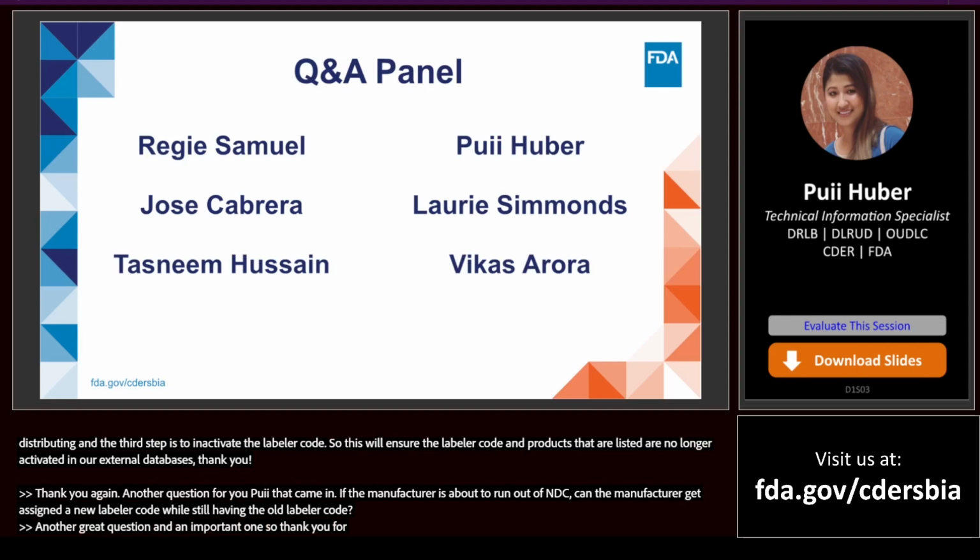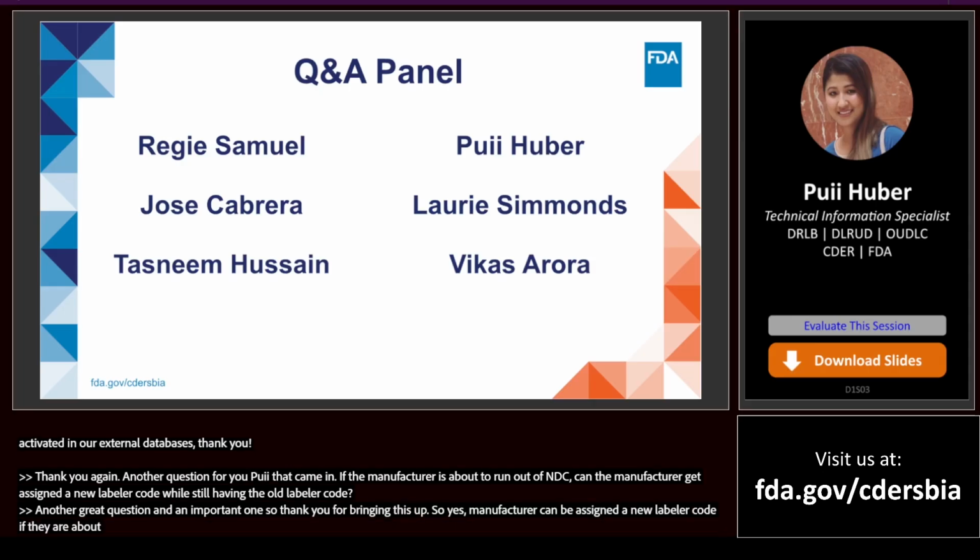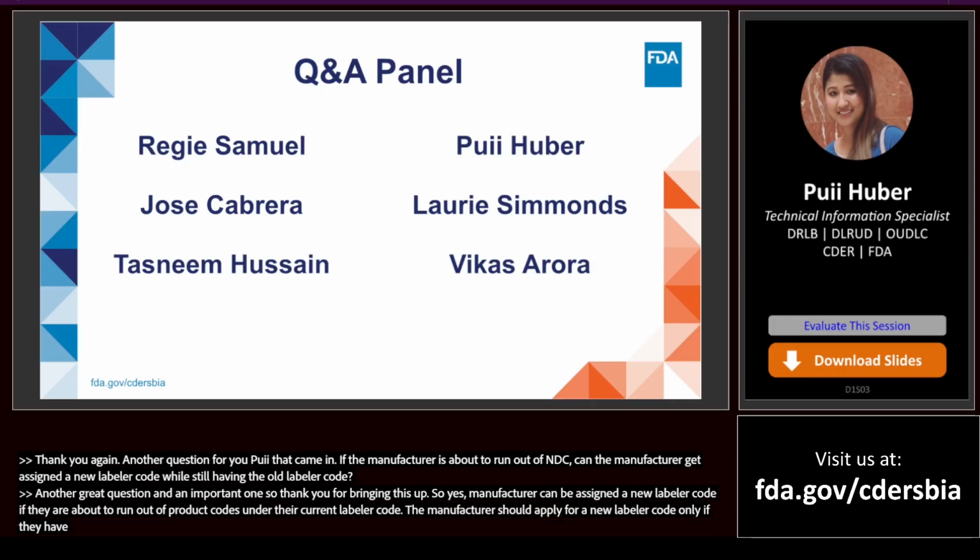So yes, a manufacturer can be assigned a new labeler code if they are about to run out of product codes under their current labeler code. The manufacturer should also apply for a new labeler code only once they've exhausted or are close to exhausting all the available NDCs under the existing labeler code.